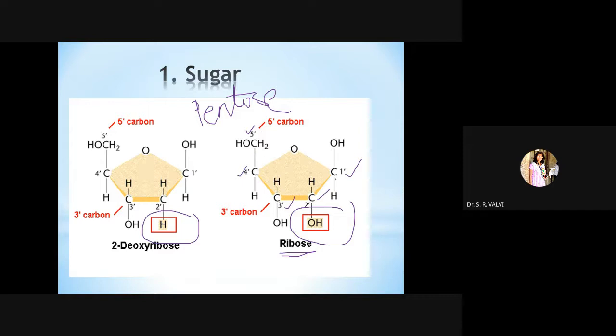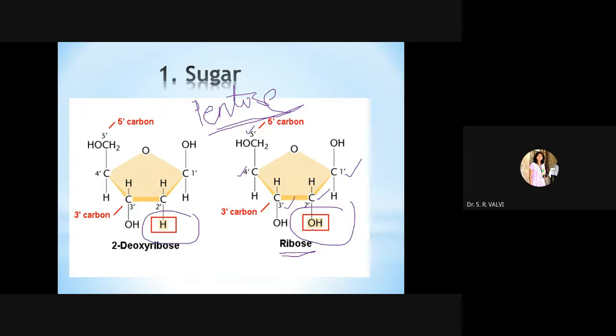So all these carbons are numbered as primes, right? Since it contains 5 carbons, we call it what? Pentose sugar. The only difference is whether the second carbon carries hydrogen or an OH group, right?